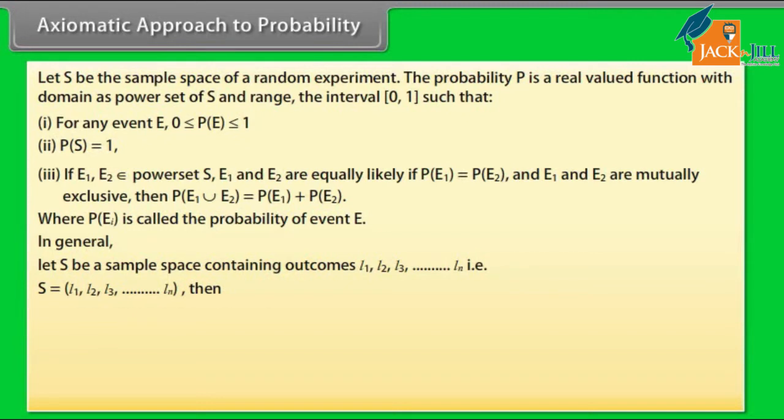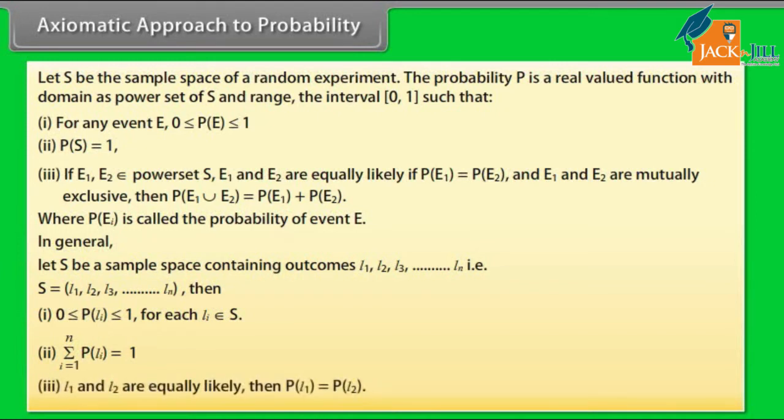Then 1. 0 is less than or equal to P(Li) is less than or equal to 1 for each Li belonging to S. 2. Summation of i is equal to 1 to n of P(Li) is equal to 1. 3. If L1 and L2 are equally likely, then P(L1) is equal to P(L2).